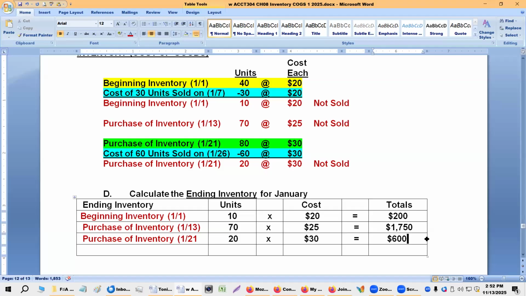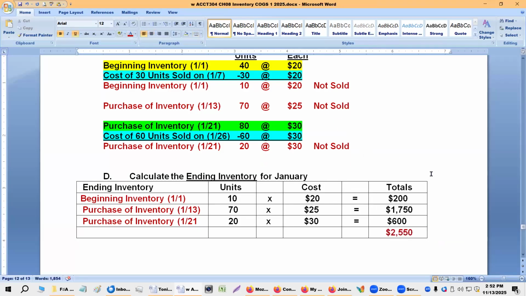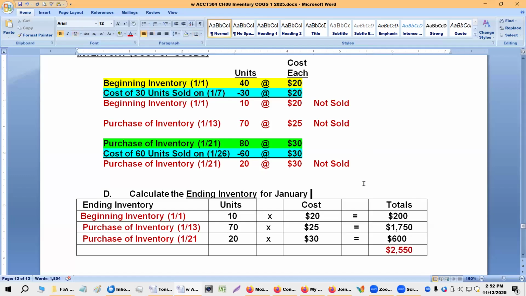Okay, 25.50, I think. So this would be what is not sold. So we would start out with these three layers going to the next round.